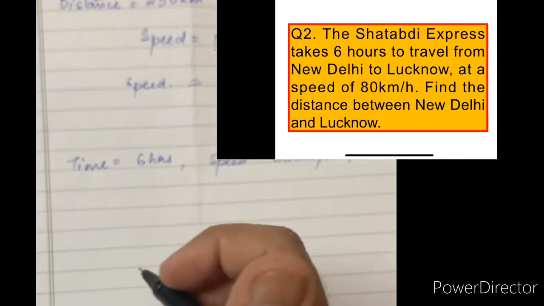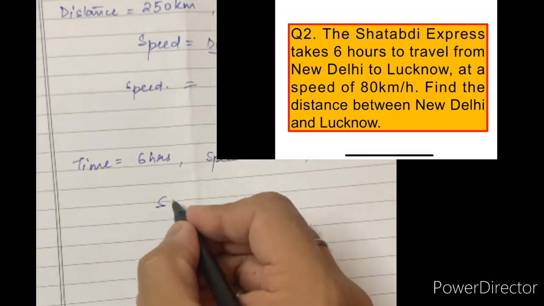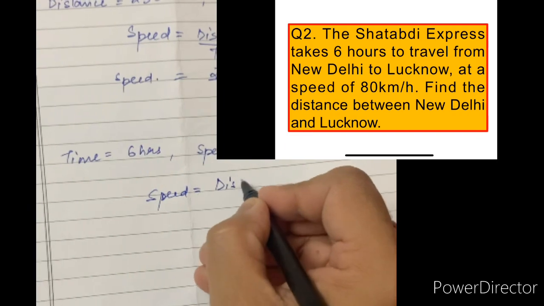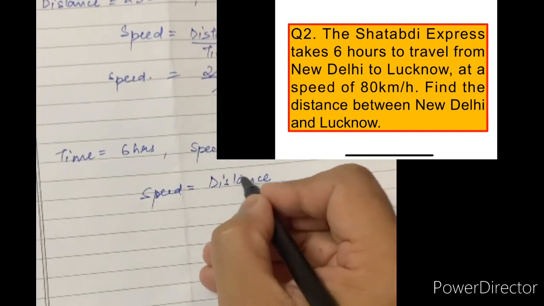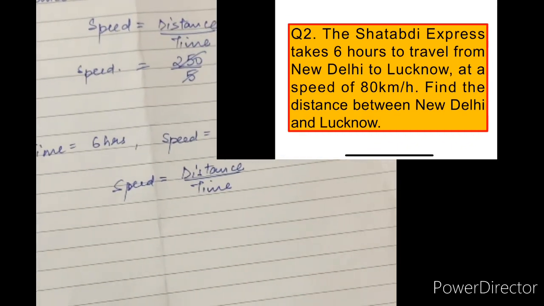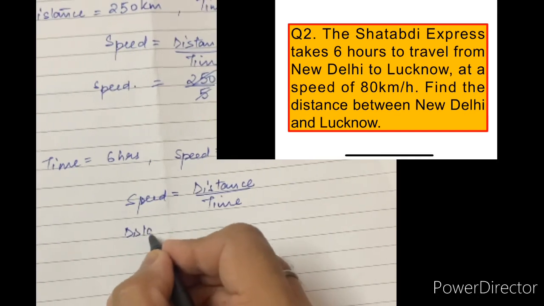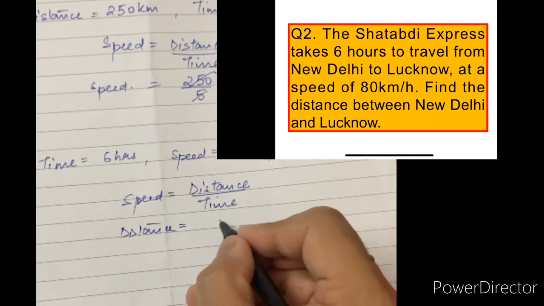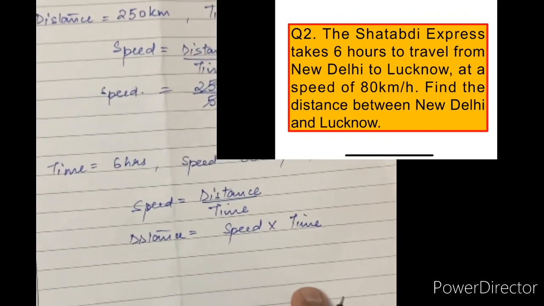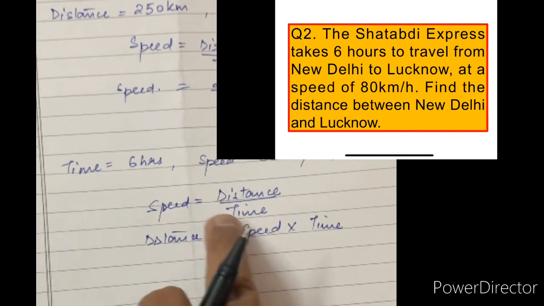So we will apply the same formula which we used in the first question, that is speed is equal to distance upon time. Now if we have to find the distance, what are we going to do? We will multiply time with speed. It means we will take time to the left hand side and it will get multiplied with the speed.